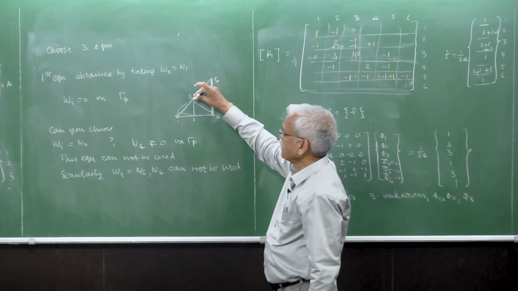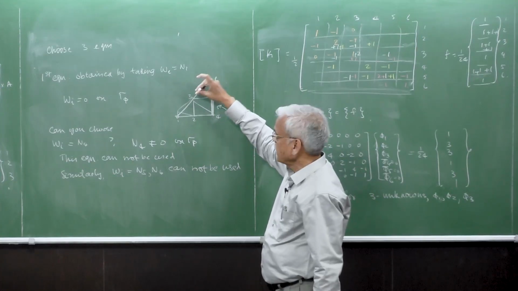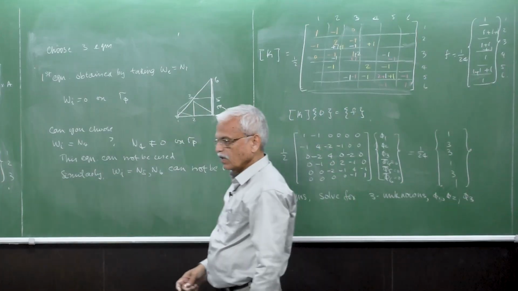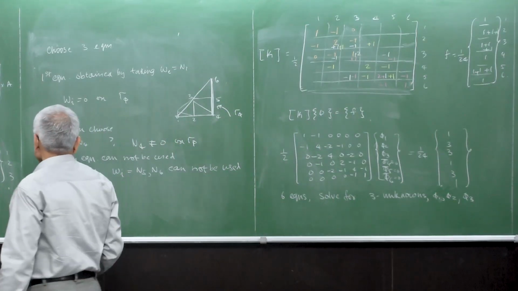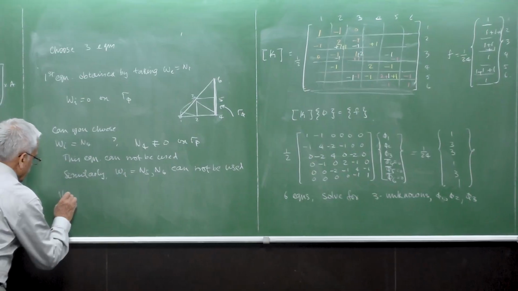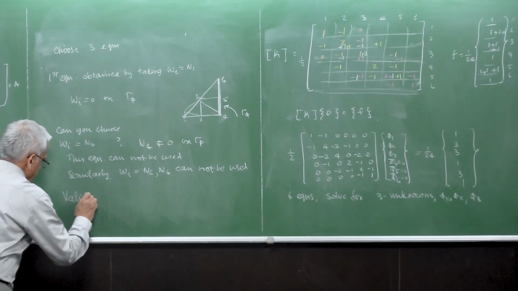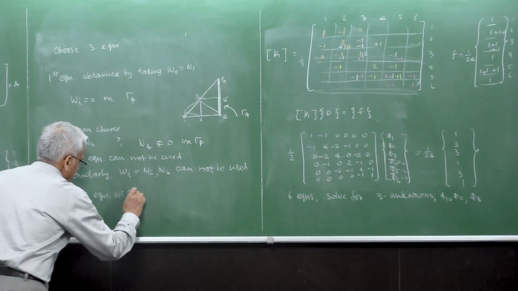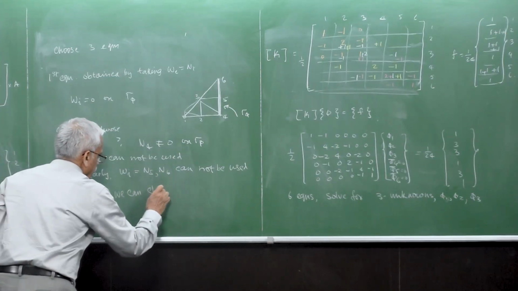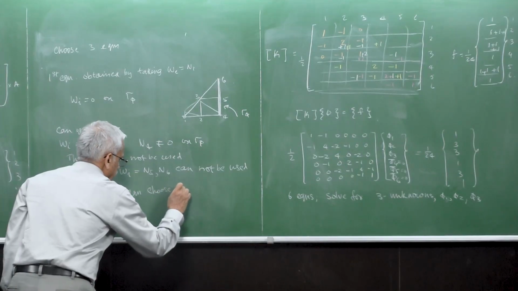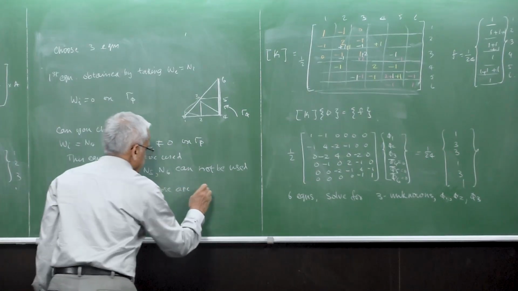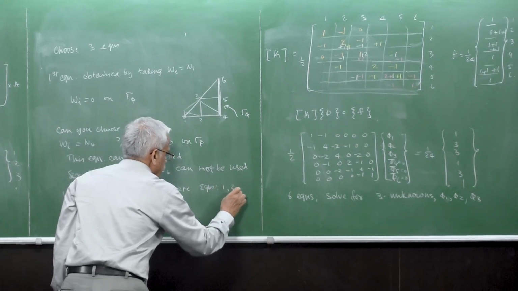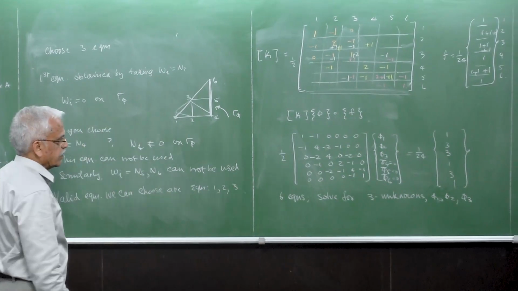Even Wi equal to N3 is acceptable, because it goes to 0 at this point. So the valid equations we can choose are equations 1, 2, and 3, the first 3 equations.